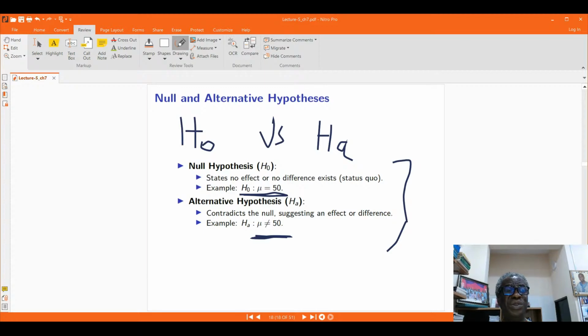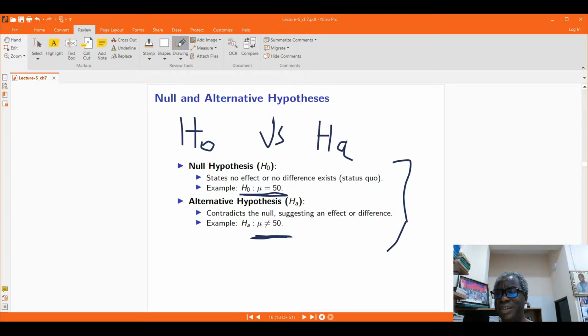Some people often abuse this procedure. What they do is to collect the data, run the analysis, and see the results before they now formulate the hypothesis. That is very, very wrong.